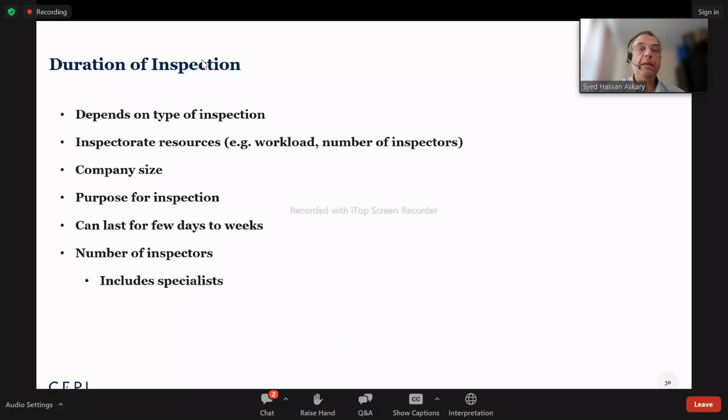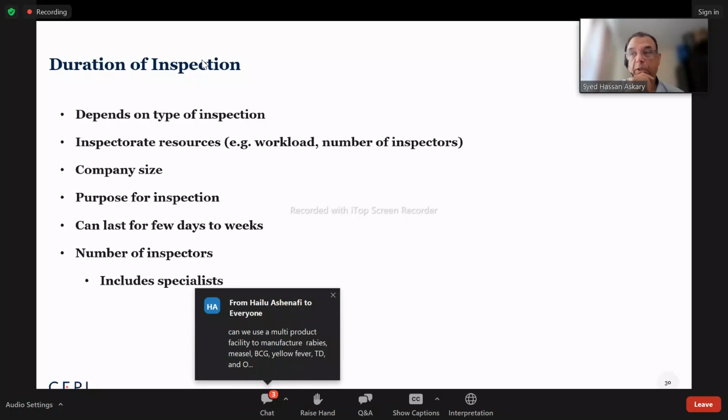Duration, again, depends on the type of inspection. And then, of course, the workload. For example, for FDA, what is their workload and how many inspectors can they assign to a site, because they are inspecting sites all over the world, right?